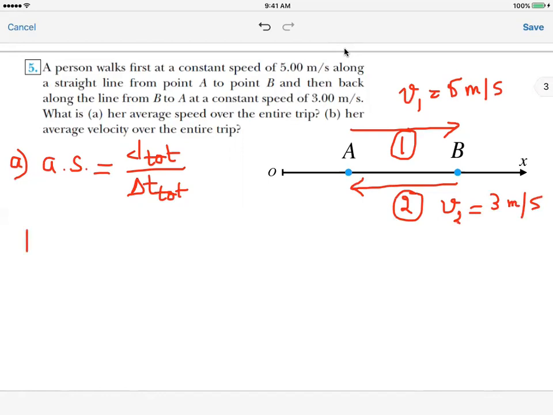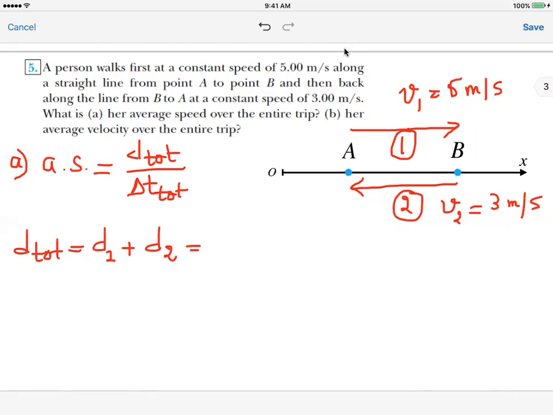Okay, let's say d total is equal to the distance that the particle travels when it goes from A to B. So let's call it d1, the distance in the first half of the trip, plus the distance d2 that the particle travels when it goes back from B to A. But note that these two distances are equal.